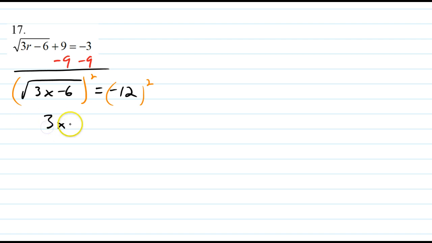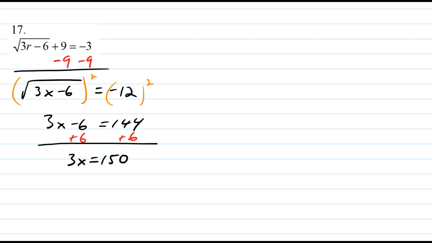We get 3x minus 6 equals 144. Add the 6. So we get 3x equals 150. Divide by 3. And we get x equals 50.